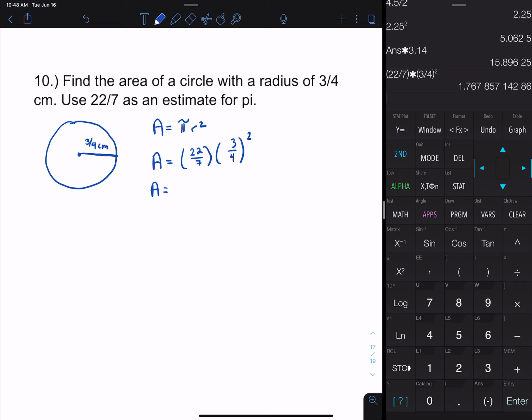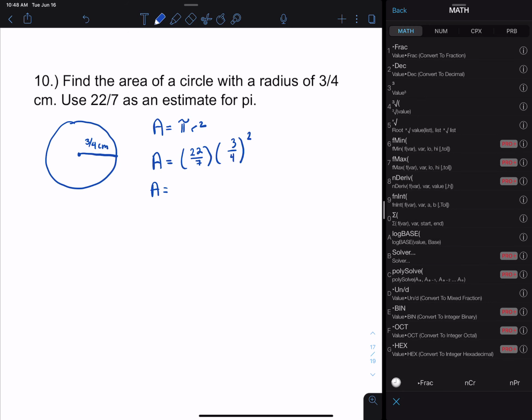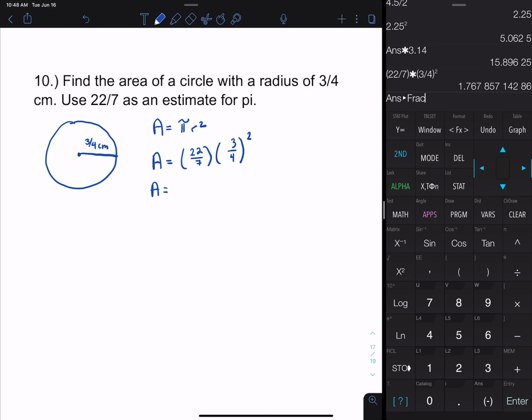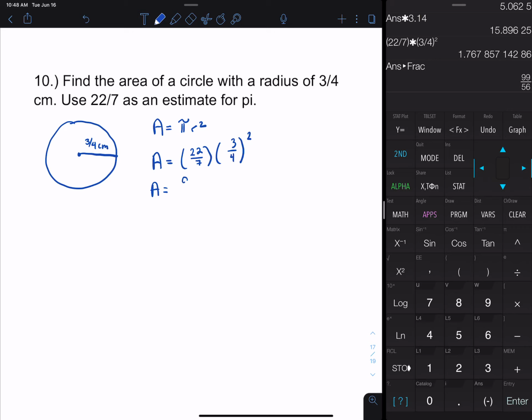But they gave me the question in fraction form, so I want my answer in fraction form as well. So I'm going to hit math and choose that first option to convert it to a fraction. And it's going to give me 99/56. I know that 3/4 had my unit centimeters, so when I squared it, it's going to give me the units centimeters squared.